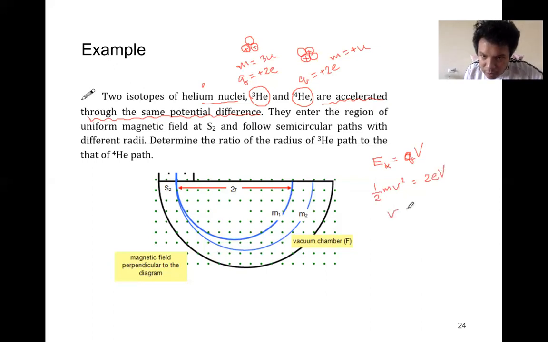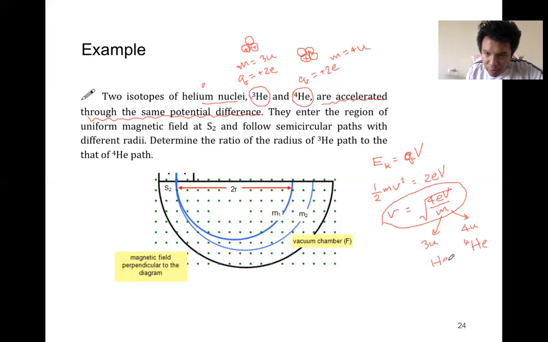So the velocity would be the square root of 4eV over m, but m equals 3u for helium-3 and 4u for helium-4. So the velocity will come out a little bit different there.